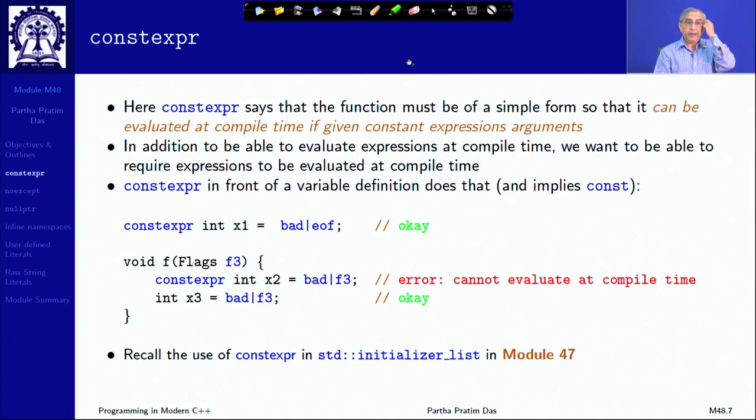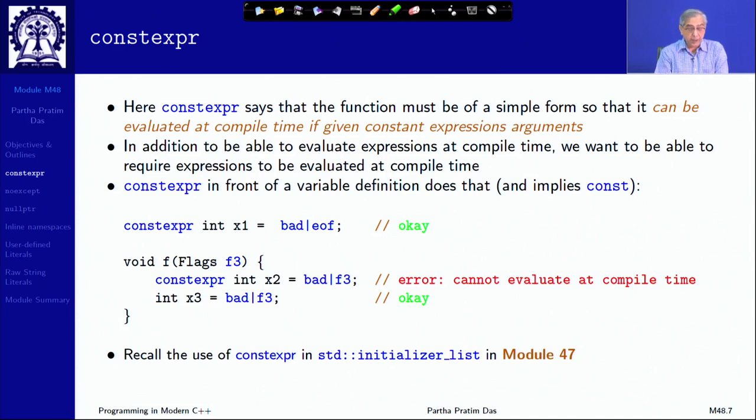So, typically a constexpr is a function that must be of simple form, so that it can be evaluated at compile time given the constant expression. It is not only that it gives us an ability to evaluate expressions at compile time, but we want to be able to require expressions to be evaluated at compile time, because that gives better efficiency of the code.